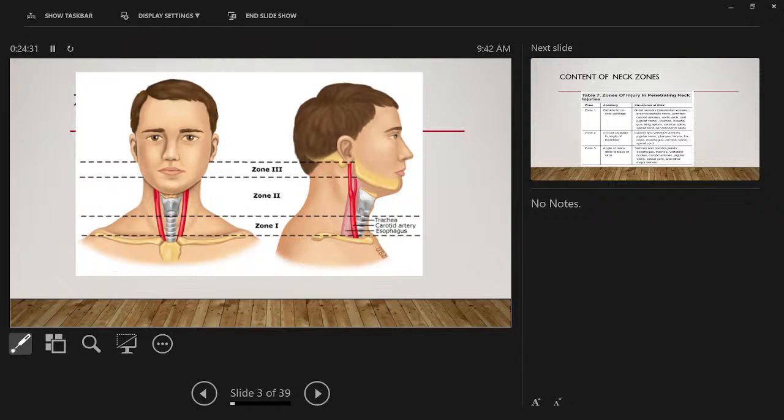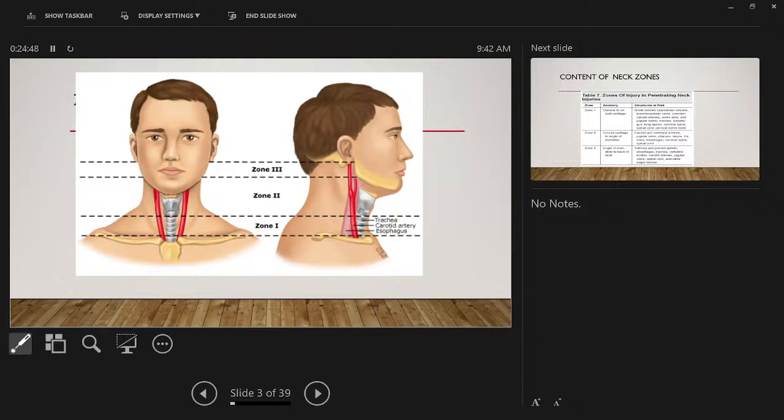Sir, mostly zone 2 carries all the great vessels like the carotids. Bleeding from the carotids is more dangerous as it can bleed profusely and the patient can die with hypotension and hemorrhagic shock. Earlier it was thought that zone 2 needs emergent surgical repair.